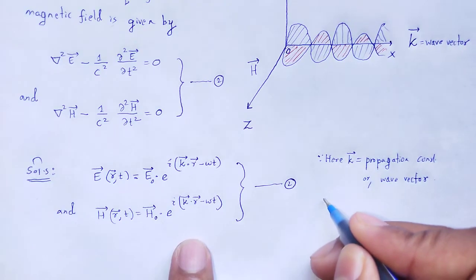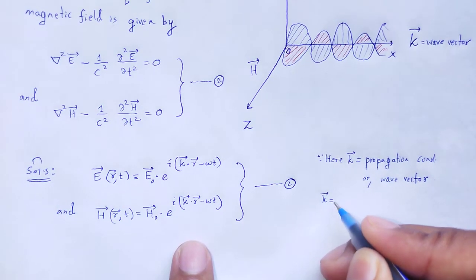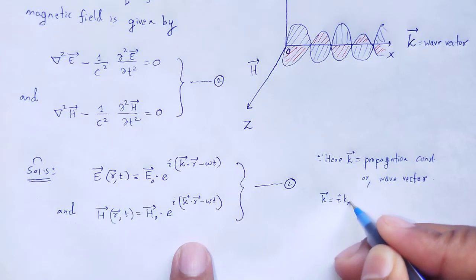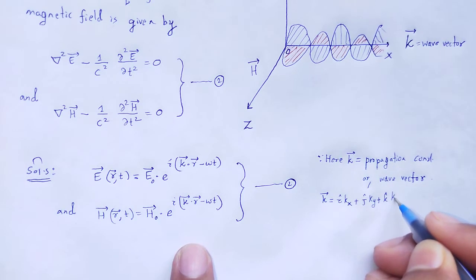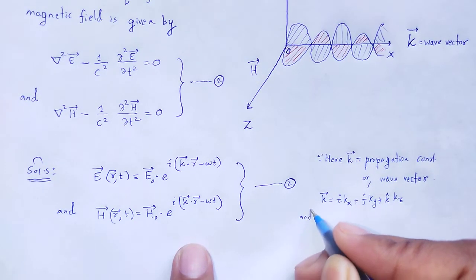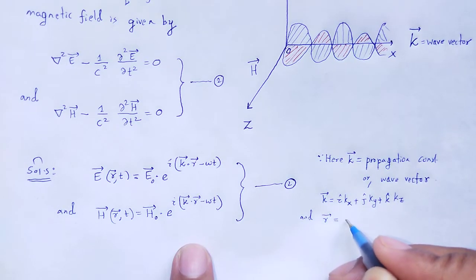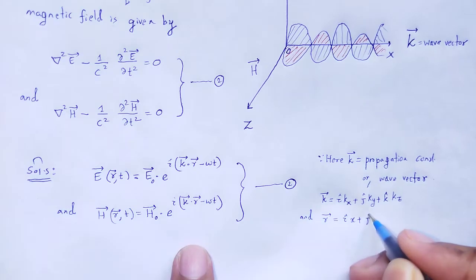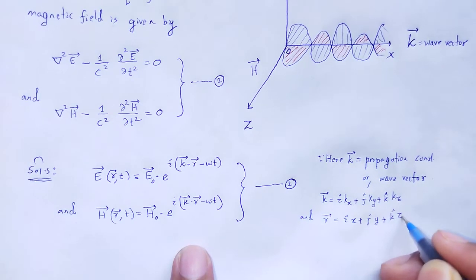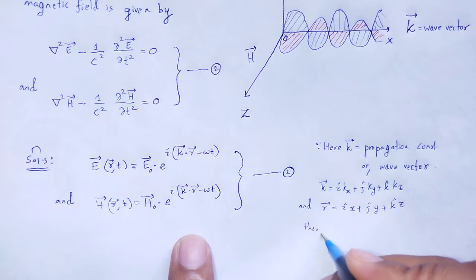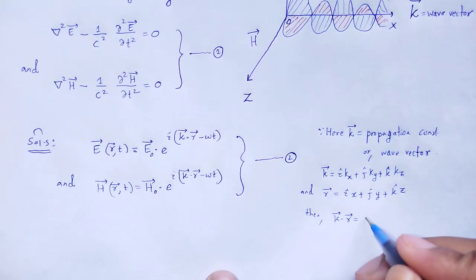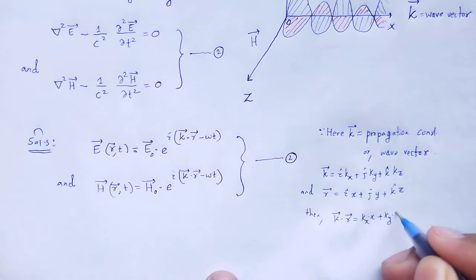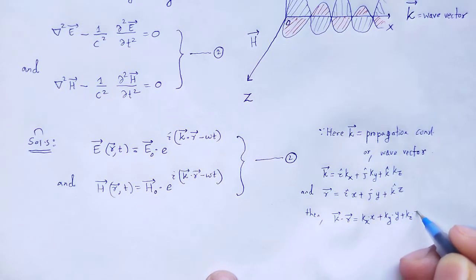It is given as k vector equals i cap kx plus j cap ky plus k cap kz, and for r vector, the position, i cap x plus j cap y plus k cap z. Then k dot r, the dot product of these two, is given as kx x plus ky y plus kz z.